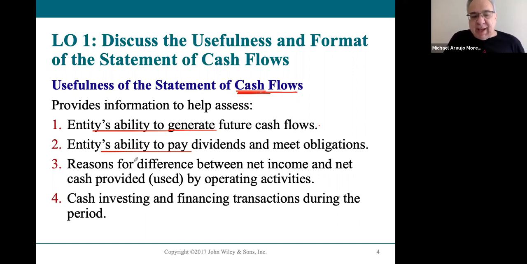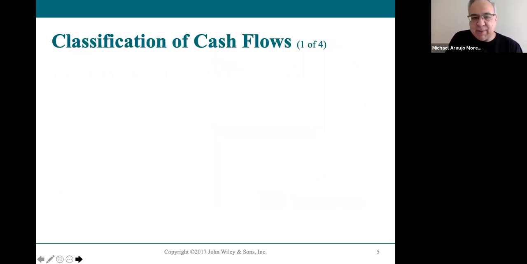We're going to be looking at some differences between what we consider net income, right, which is the net profit or the profit during a period of time, and how that differs from something called net cash provided by operating activities. This is going to be one of the key things to learn in this chapter. And of course, investing and financing transactions, which I mentioned, are listed in the cash flow statement very specifically.